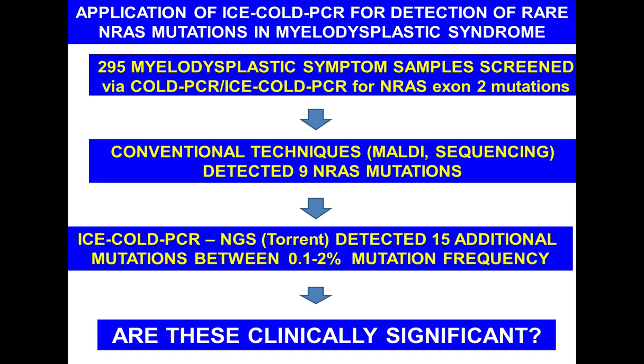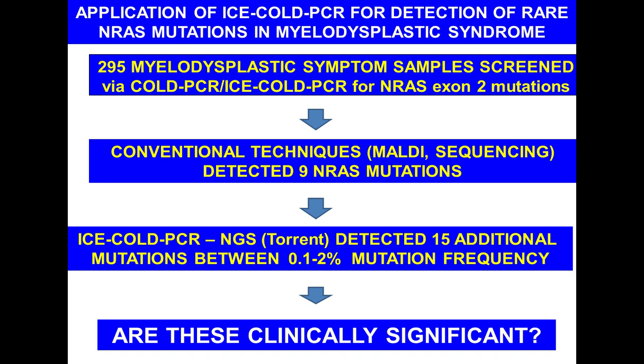Here are the results. We screened 295 samples using either standard cold PCR sequencing or ice-cold PCR, followed by sequencing, and the conventional PCR using MALDI or Sanger detected NRAS mutations. And as anticipated, ice-cold PCR followed by NGS using Ion Torrent in this case detected many more mutations at very low frequency.